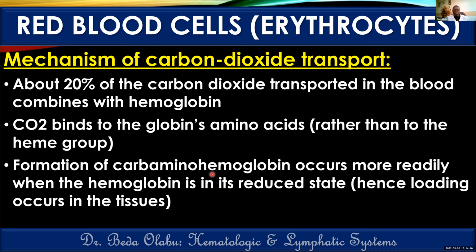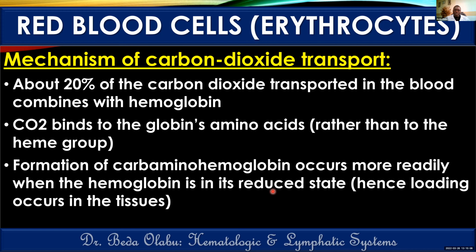The formation of carbaminohemoglobin occurs readily when the hemoglobin is in its reduced state. So basically, the hemoglobin that has already lost oxygen to the tissues, that is the deoxyhemoglobin, binds easily with carbon dioxide.